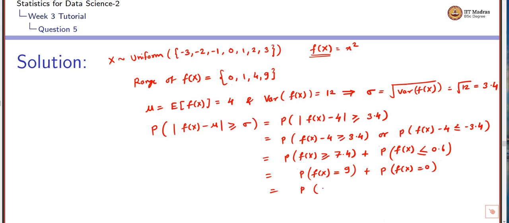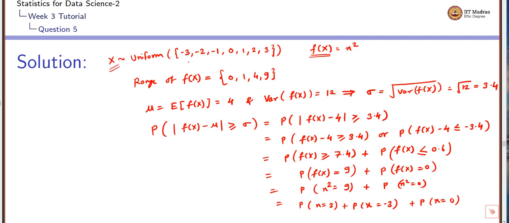That means the probability that x square equals 9 plus the probability that x square equals 0. From this we can say that it is the probability that x equals 3, or the probability that x equals minus 3, plus the probability that x equals 0. Since we have two roots for x square equal to 9, plus 3 and minus 3, and 0 for x square equal to 0.